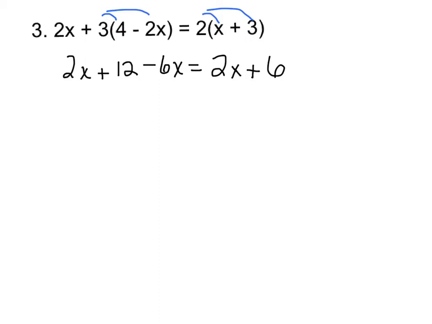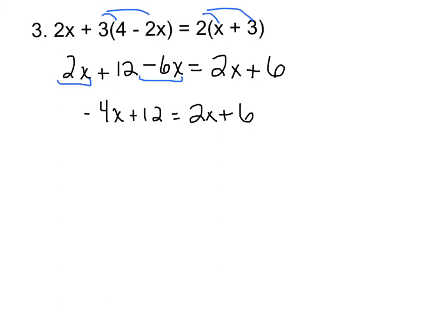Now, this is the part a lot of people forget. Combine like terms first. Each side has an expression. So I want to combine the 2x minus 6x. So a 2x and a negative 6x gives you negative 4x plus 12 equals 2x plus 6.